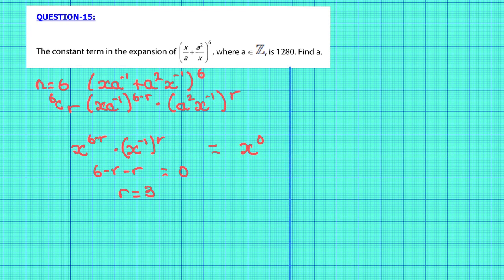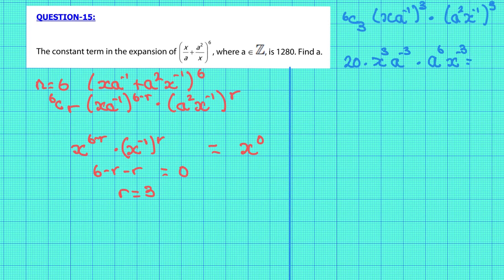Substituting back in, you get 6 choose 3, x to the a minus 1, 6 minus 3 is 3, a squared x to the minus 1 to the power of 3. So you get 6 choose 3 is 20. x cubed, a to the minus 3 times a to the power of 6, x to the power of minus 3.